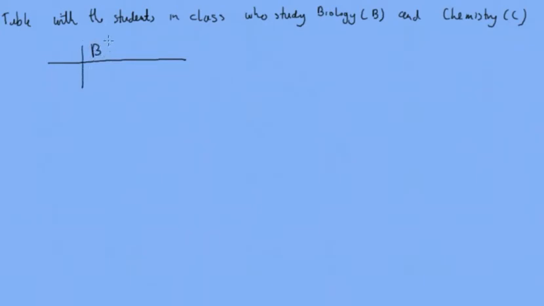This is the ones that study biology, and these are the ones that don't study biology. And we have our totals here. Here's our ones that study chemistry and don't study chemistry. And totals again.